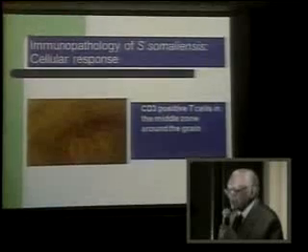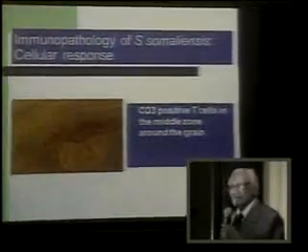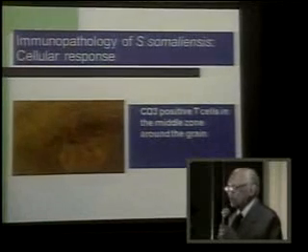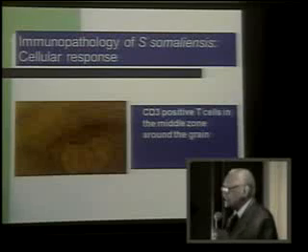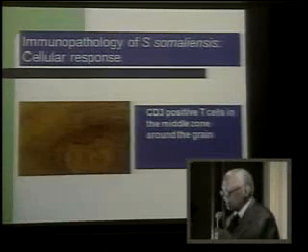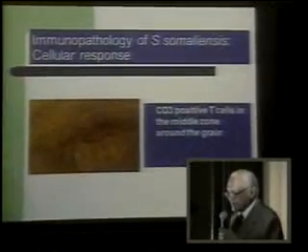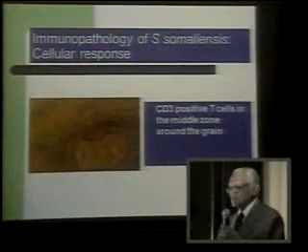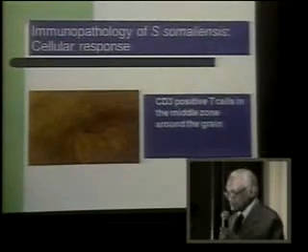Now, here we can see the staining of the section for CD3. CD3 stains T cells. It is a pan T cell stain. And you can see it in the middle zone, in this case of somaliensis.